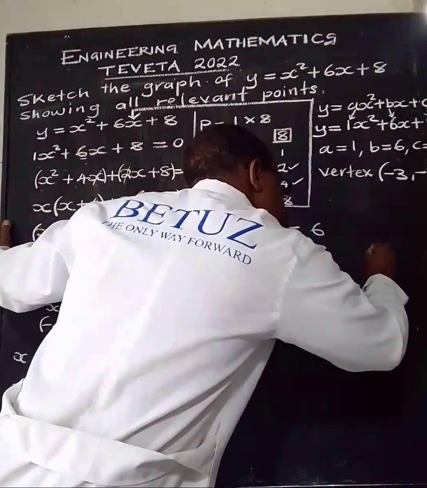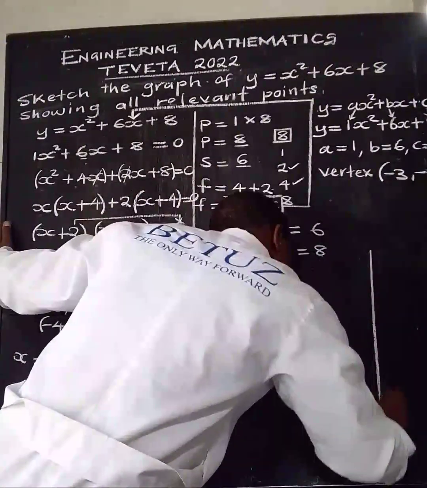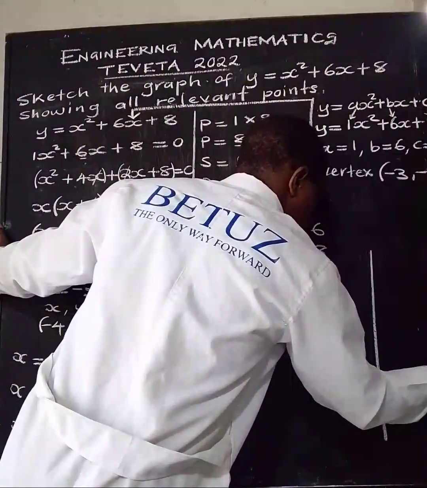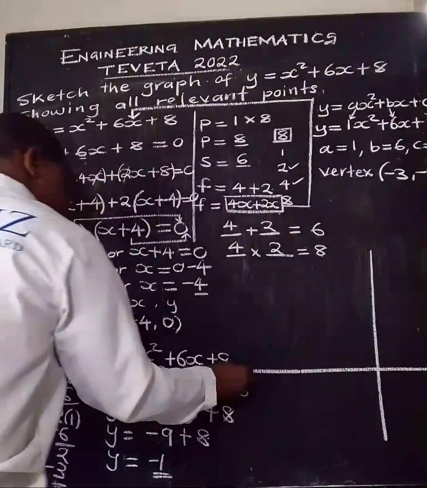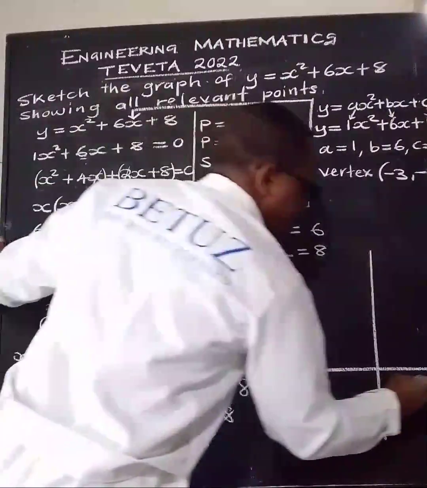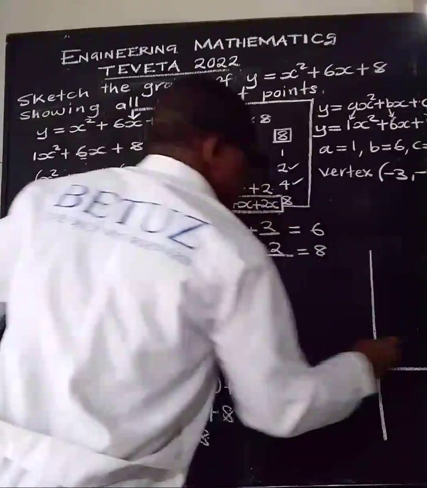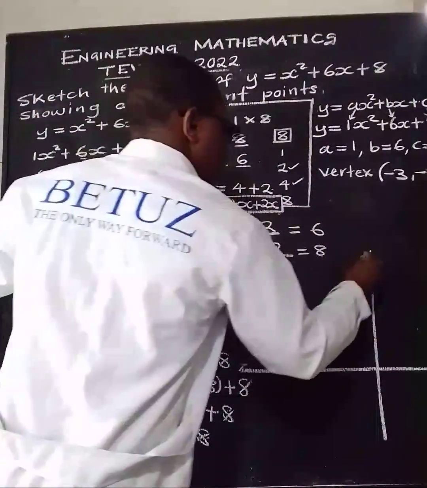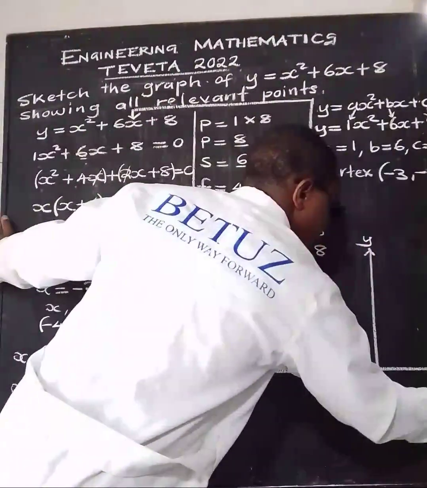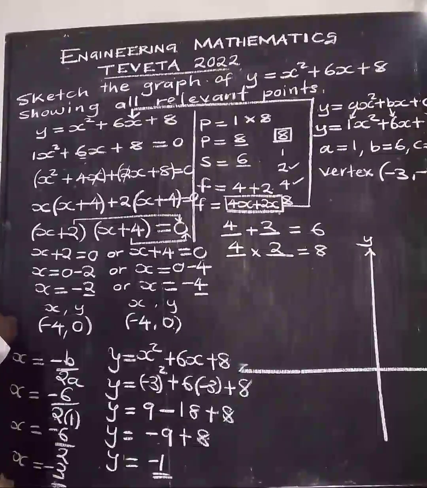Okay, so let me come up with a simple graph. Don't worry, I'm not using a ruler. This is our x-axis, then we have our y-axis. Take note.